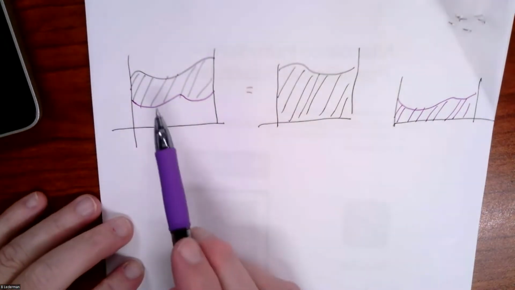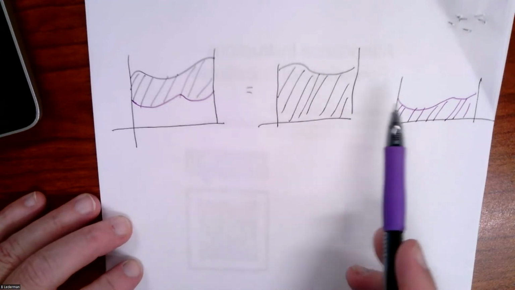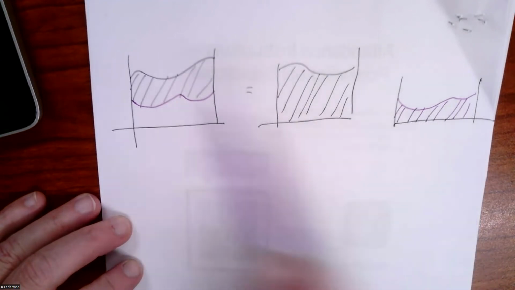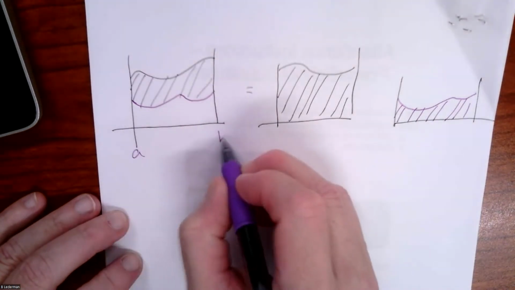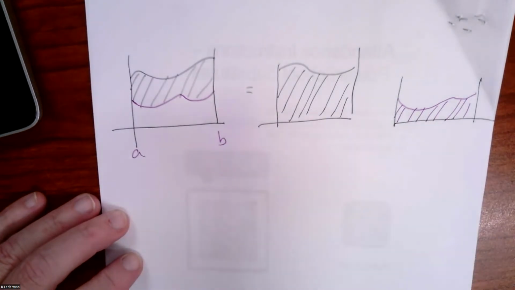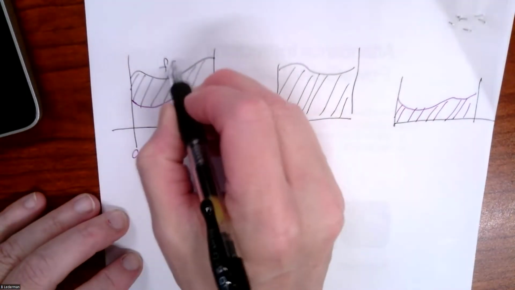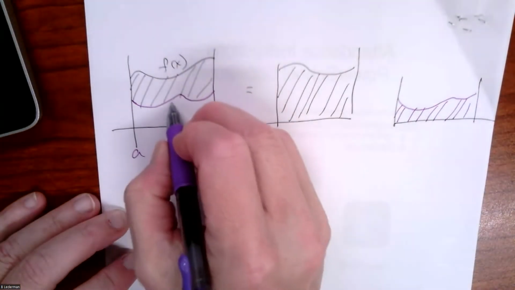So I'm looking at the area under this curve, subtracting the area under that curve, and I'm left with this middle piece. In other words, I want to find the integral. Let's call the first curve f of x, and the lower curve g of x.